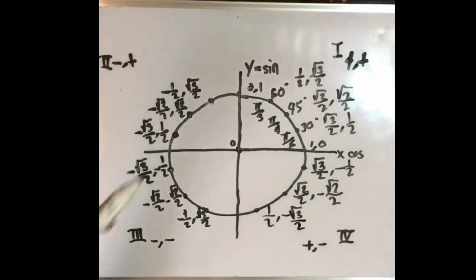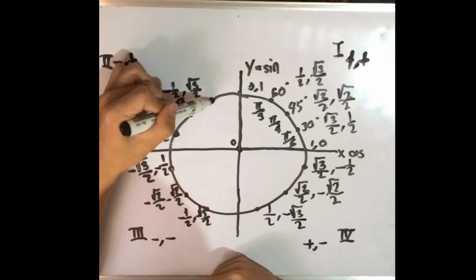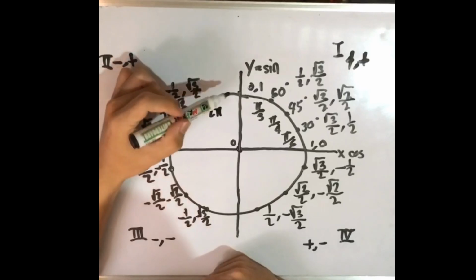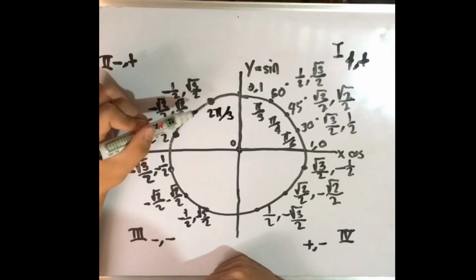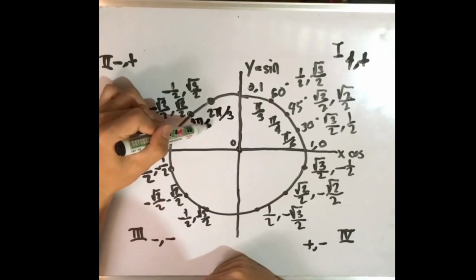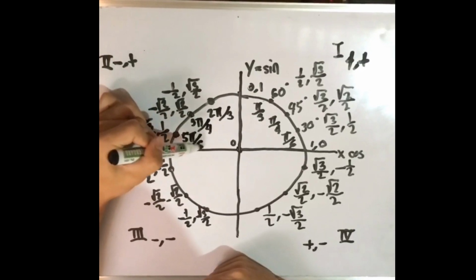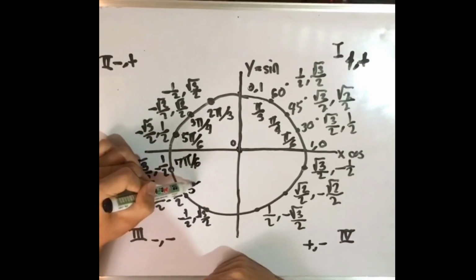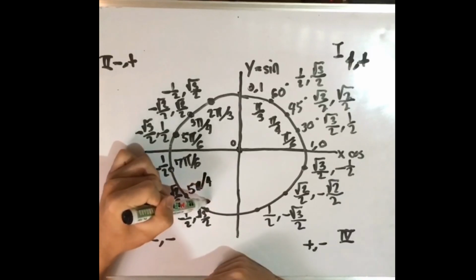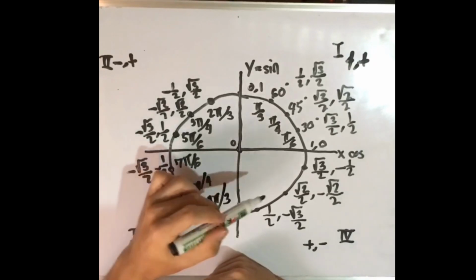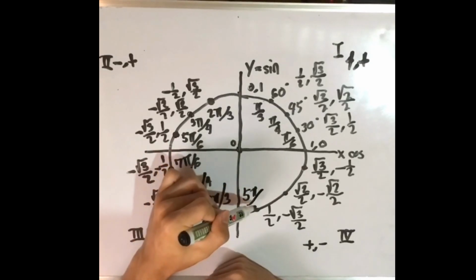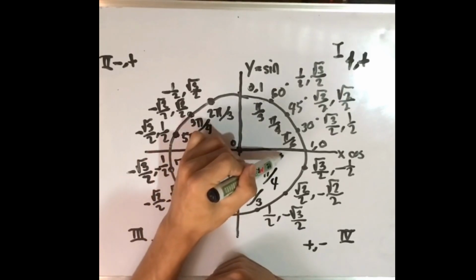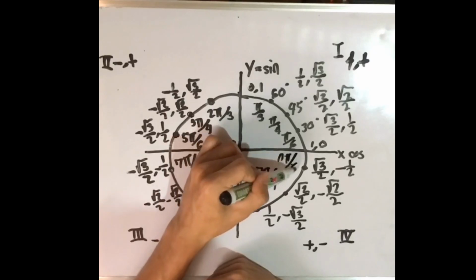So we're gonna put their values. This is gonna be 2 pi over 3, and this is 3 pi over 4, and this is 5 pi over 6, and this is 7 pi over 6, and this is 5 pi over 4, and this is 4 pi over 3, and this is 5 pi over 3, and this is 7 pi over 4, and this is 11 pi over 6.